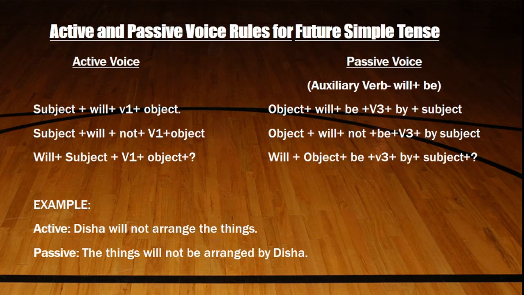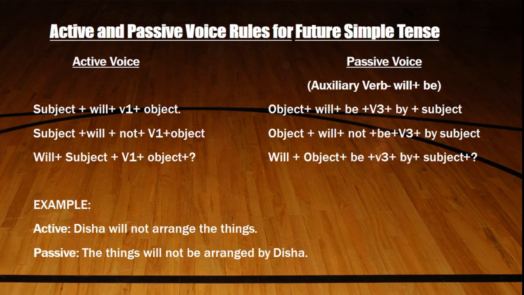In the case of the negative sentence, it becomes like subject, will and then not followed by the first form of the verb and then the object. In the case that you are converting it to passive, it becomes like object plus will and then not be, followed by the third form of the verb and then by subject.